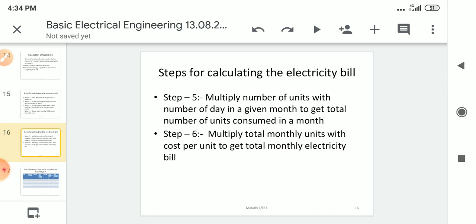The last step is multiply total monthly units with cost per unit to get total monthly electricity bill.